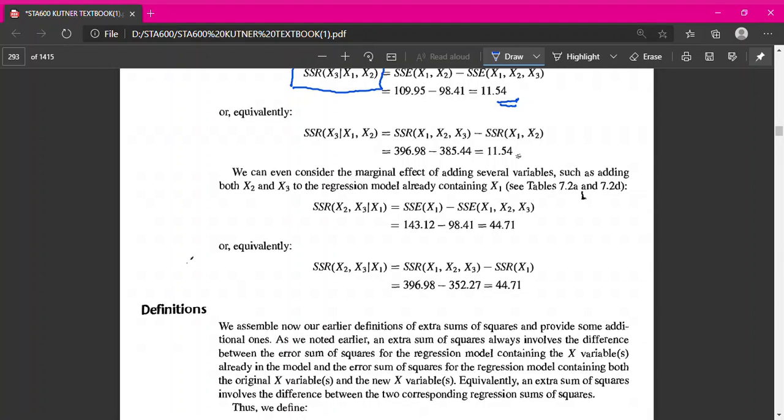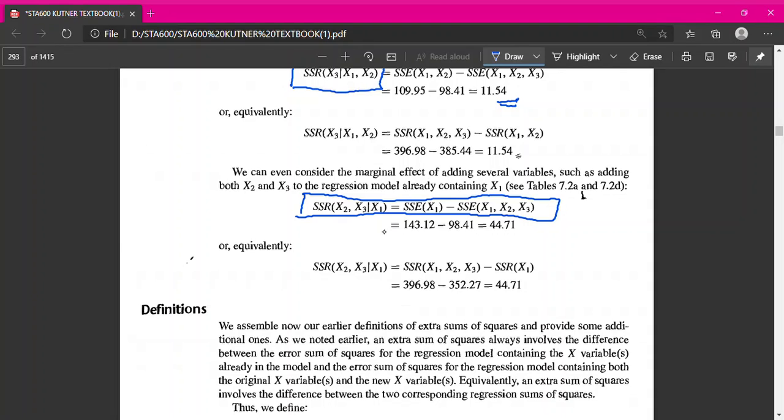Kita nak tengok whether how many quantity of error will be reduced when X2 and X3 added into the model while X1 is already in the model. Okay. So boleh gunakan formula sama ada SSE ataupun boleh gunakan formula SSR.